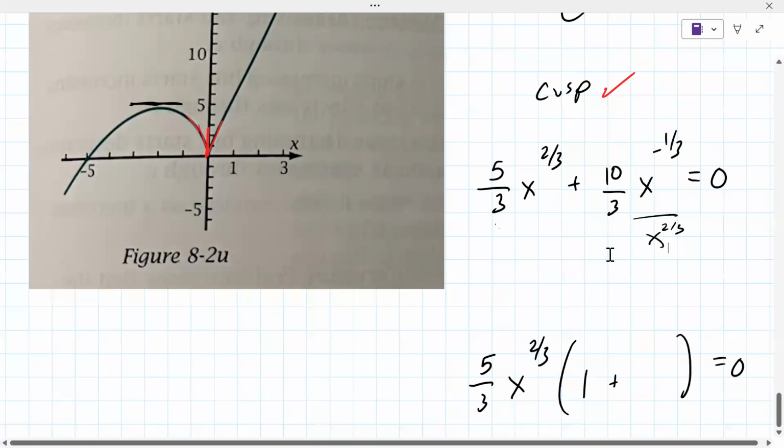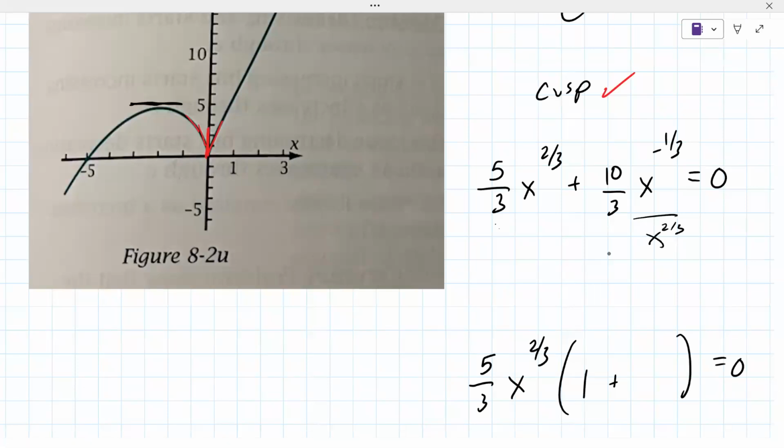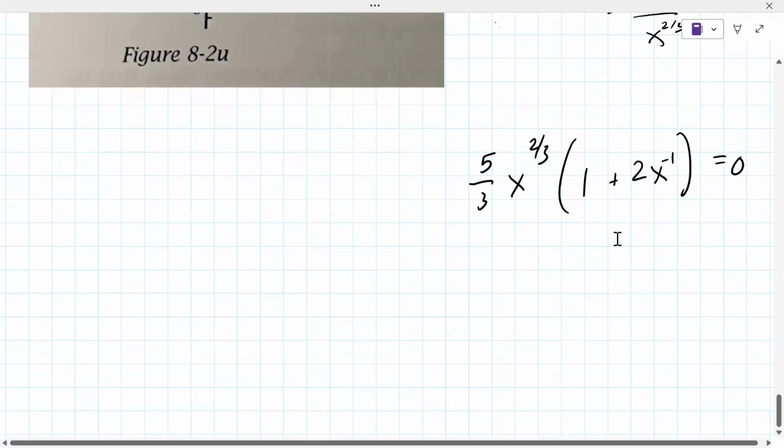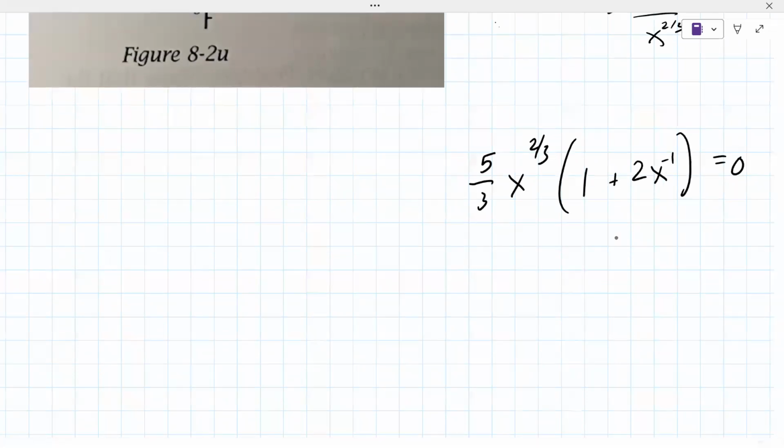So it's x to the 1, and then there's a 2 right there, 2x to the -1, like that. All right. So if you set these equal to 0, 5/3 x to the 2/3 equals 0, and then 1 plus 2 over x equals 0.